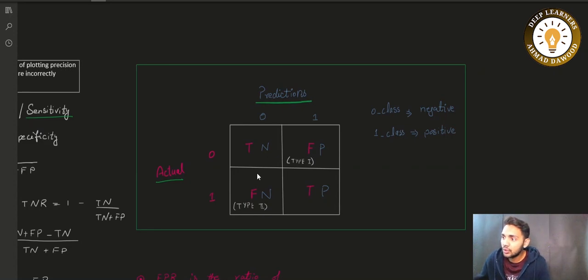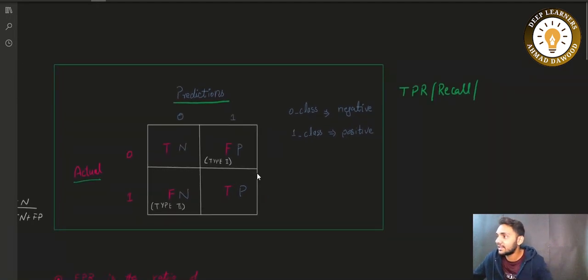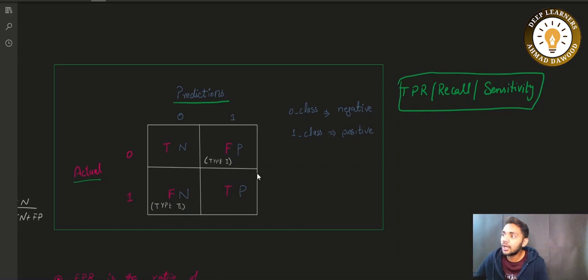True positive rate, or recall, or sensitivity, these three terms are the same. It means how many positive instances are correctly classified out of the total positive instances we have in our data.